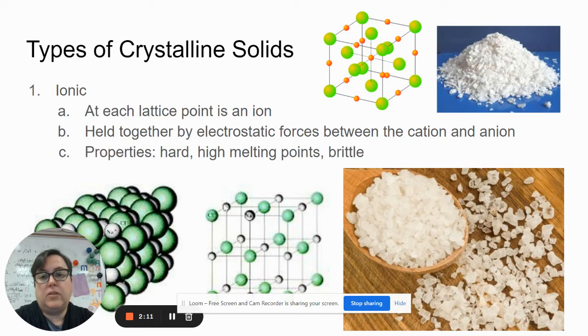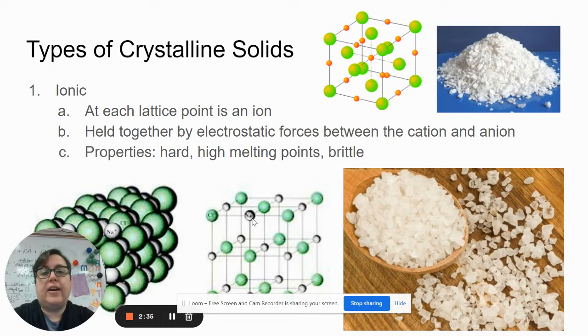One sodium, one chlorine, one sodium, one chlorine. So that's the unit cell, and then repeating it makes this lattice. It's held together by the electrostatic force between the cation and anion, meaning there's an attraction between the positive and the negative that's holding it in place.